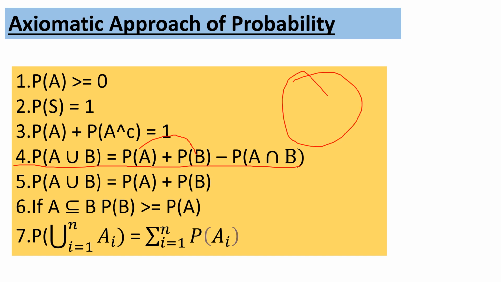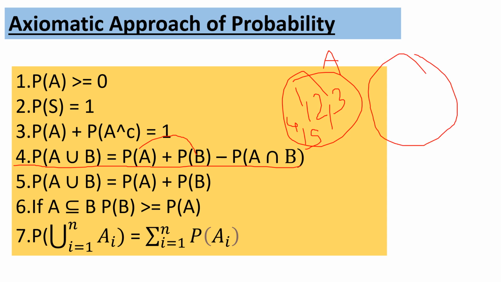For example, we take an event A, which consists of elements 1, 2, 3, 4 and 5. This is event A. And we have another event B. Let us take this B. This is event B, which consists of elements 4, 3, 6 and 7.